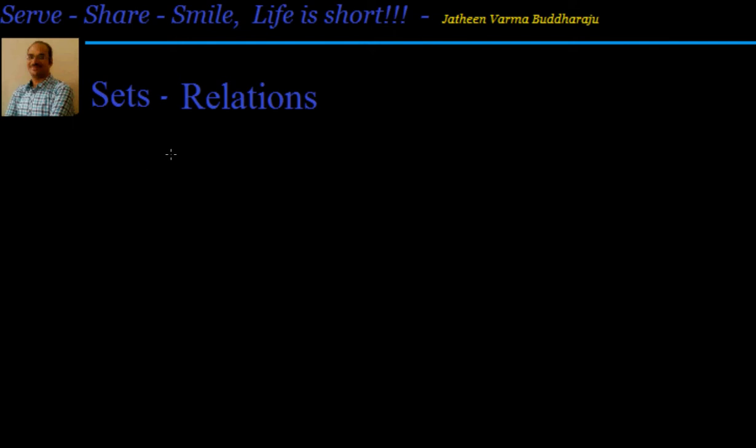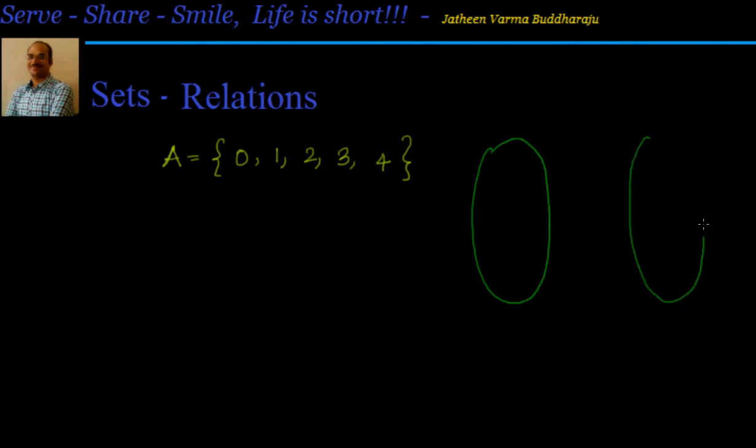So to understand that, let us take a simple set here. Let us say A equal to a set in roster form with the elements 0, 1, 2, 3 and 4. And I will try to create a relation now, a relation from A to A. How we define a relation is very simple.